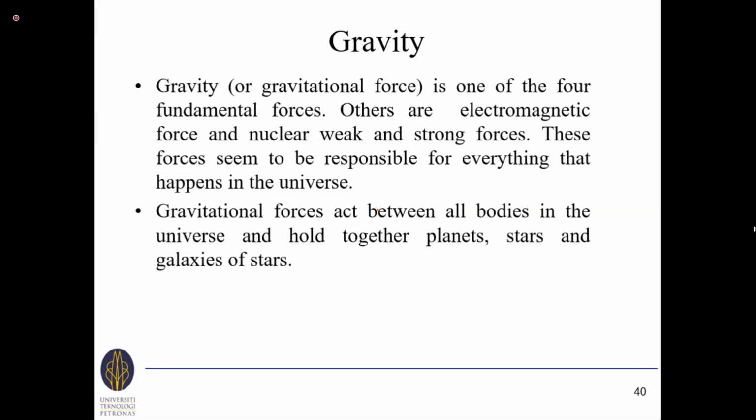Between us and the Earth, if you can see something like this, the Earth will be object one, and you will be object two. So gravity is the force that acts on two bodies. It doesn't have to be between a human and the planets. It can be between two isolated systems.